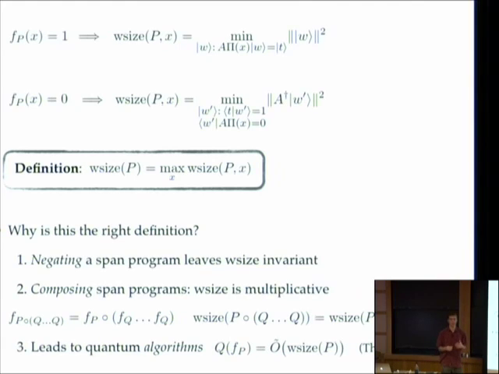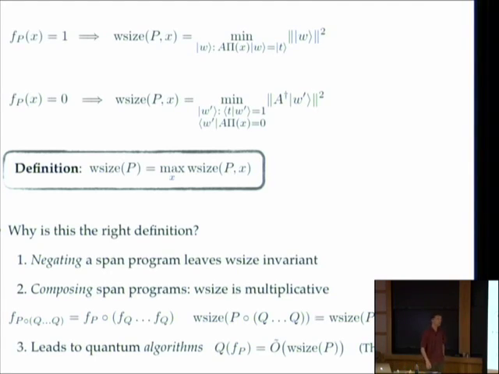And this is really the key for evaluating formulas. If you have a span program P and a span program Q, then you can compose those span programs, and the composed span program computes the composed function. The witness size will just be multiplicative in that case.